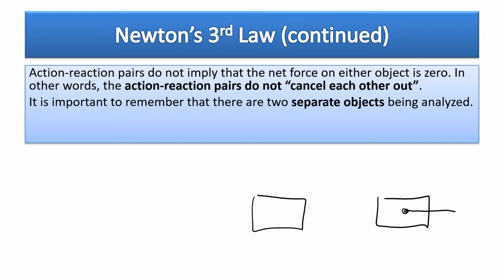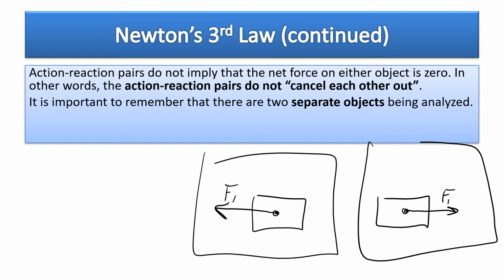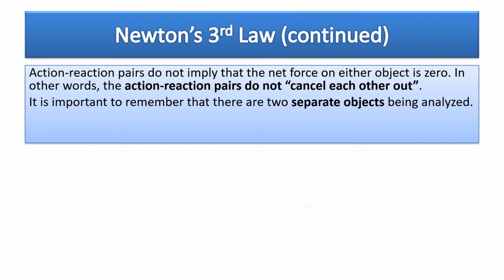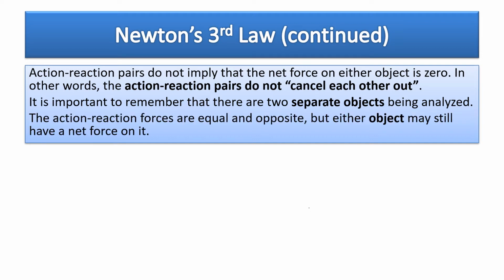Now you might have a force F1, and on your other one, the same magnitude but opposite in direction, and now we're ready to analyze the rest of these forces separately. The action-reaction forces are equal and opposite, but either object may still have a net force on it.